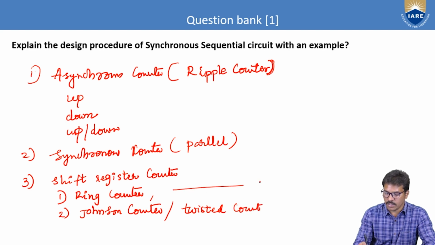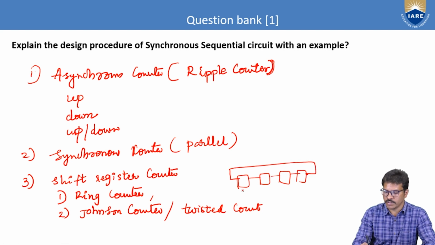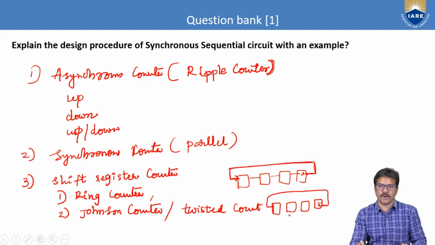This is a simple connection. Take the flip-flops. The output of the last flip-flop is connected back to the input of the first flip-flop. Suppose you connect the complement of the last flip-flop, Q bar, back to the input of the first flip-flop, then it is called a Johnson or twisted ring counter.